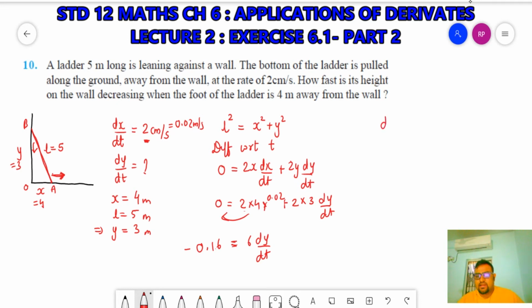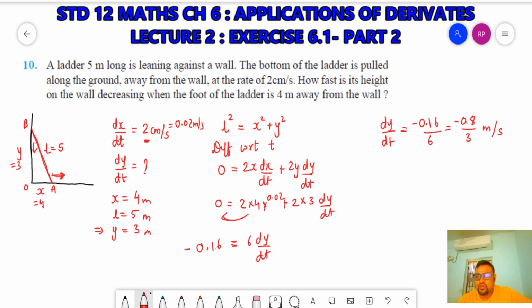So dy by dt will be equal to minus 0.16 upon 6, that is minus 0.08 by 3 meter per second.